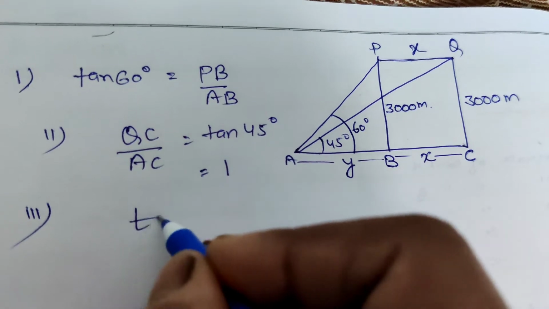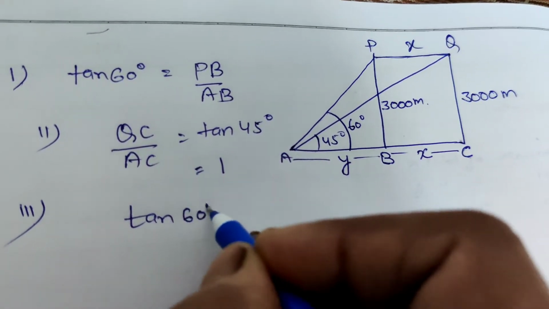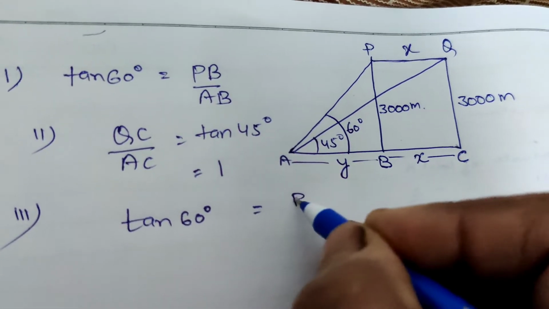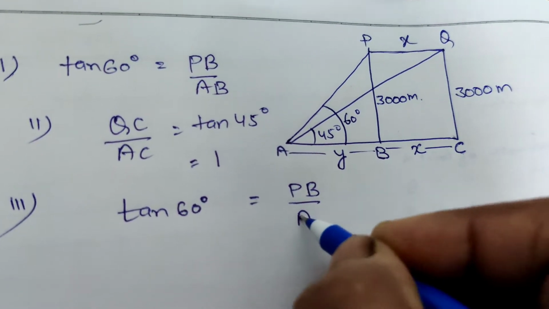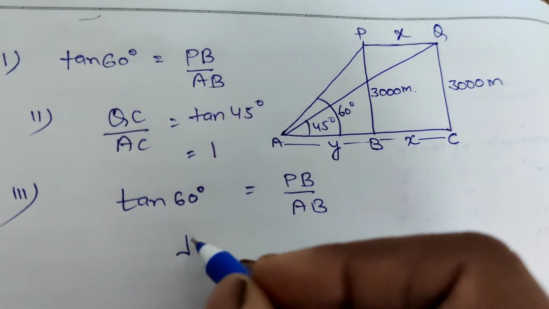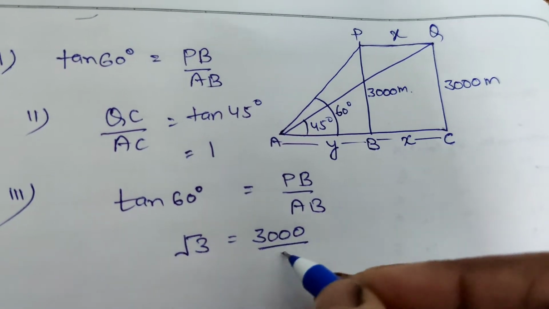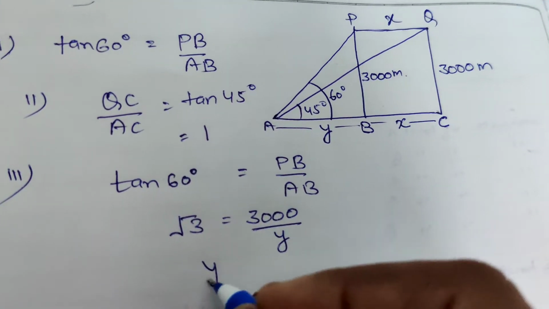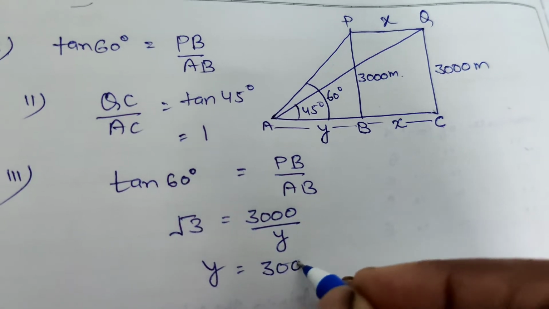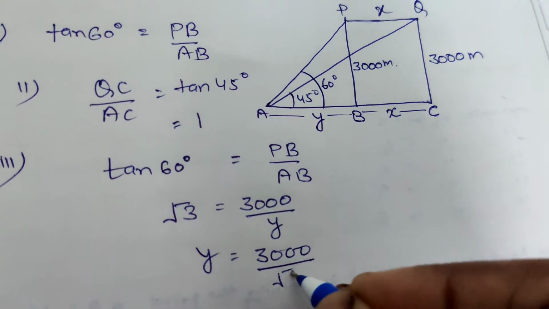Now the first equation, tan 60 degrees equals PB upon AB. Tan 60 degrees is root 3, PB is 3000 and AB is y. So we can find y equals 3000 by root 3.